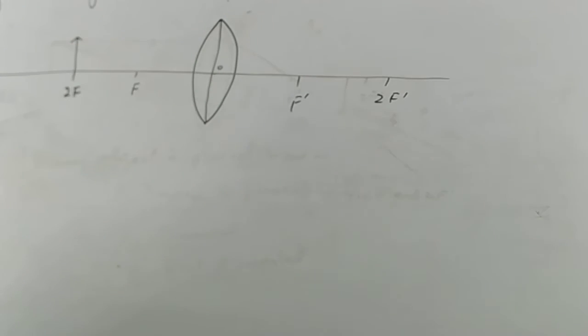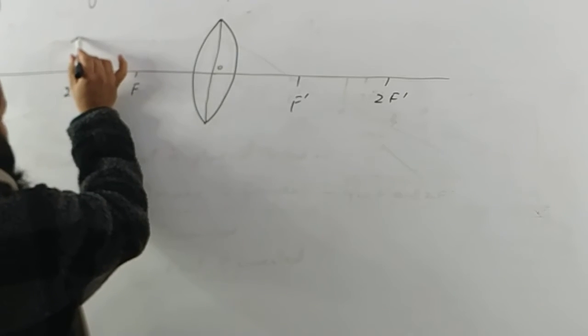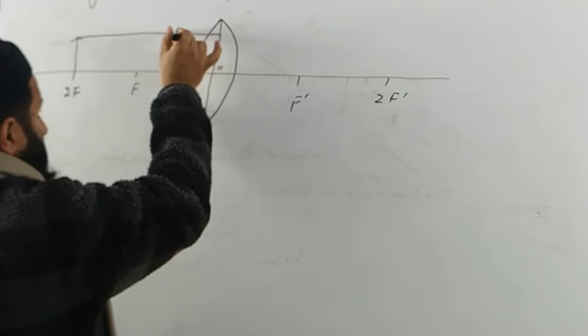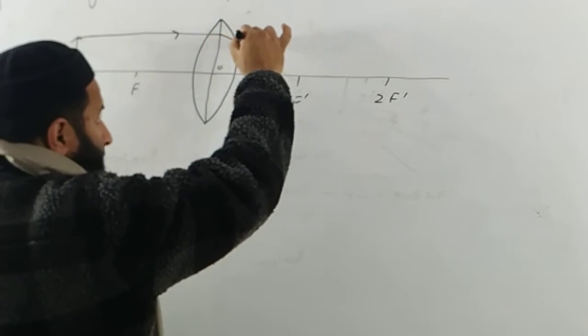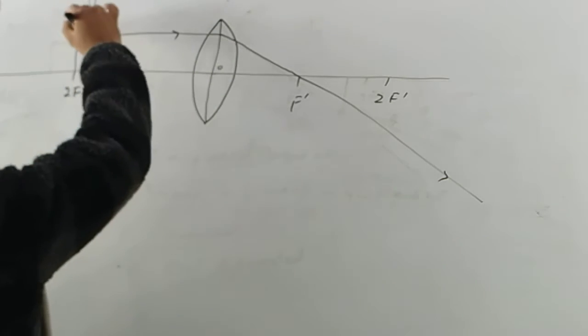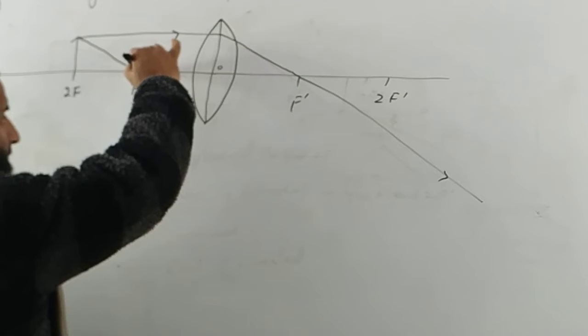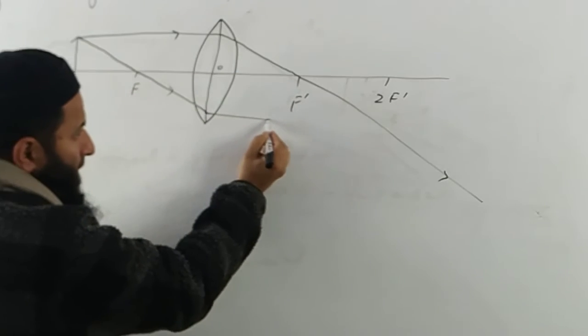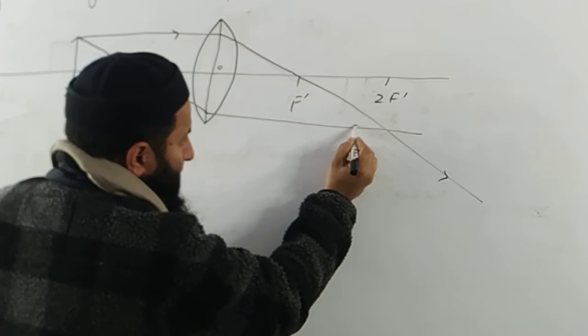When the object is placed at 2F, the incident ray which goes parallel to the principal axis passes through focus. Then the light ray which passes through focus goes parallel to the principal axis.